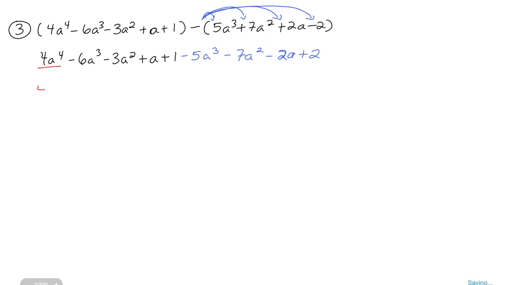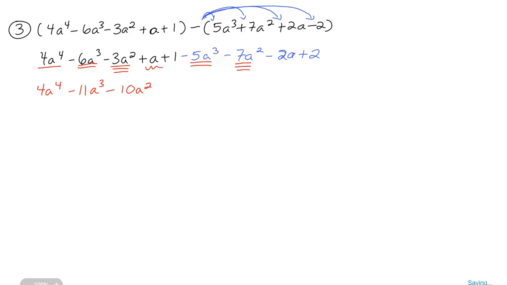So 4a to the fourth, that's the only fourth degree that I have. And then negative 6a cubed minus 5a cubed is negative 11a cubed. Negative 3a squared minus 7a squared would be negative 10a squared.